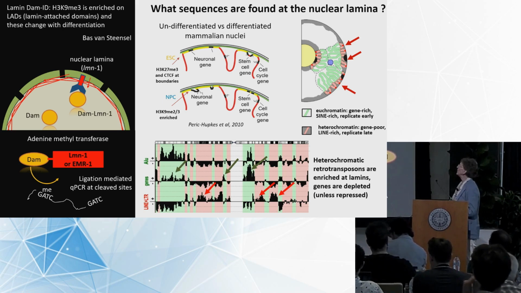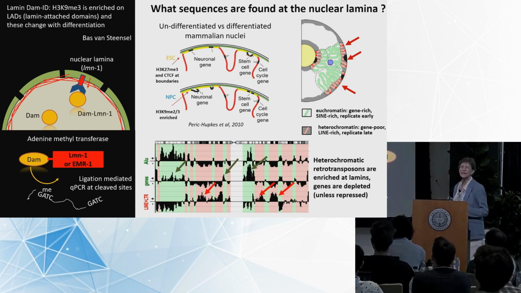What he found was that indeed in the ES cell you might have a whole region where silent neuronal-specific genes would still be at the nuclear periphery, but stem cell genes might be extended out away from the periphery. And then when you differentiated, these neuronal genes would be active, and they would no longer be as closely associated with the lamin. So it suggested that lamin binding was not just sequence specific due to repeats, but that genes actually associate with the lamin when they're repressed in a tissue-specific manner.